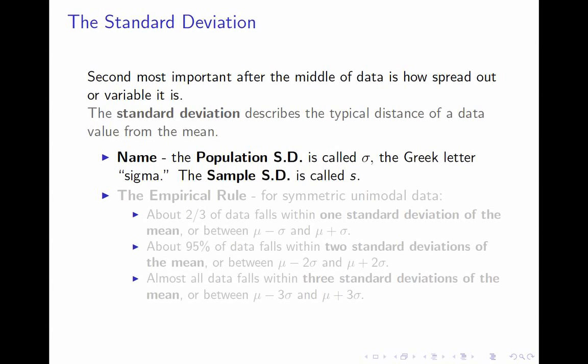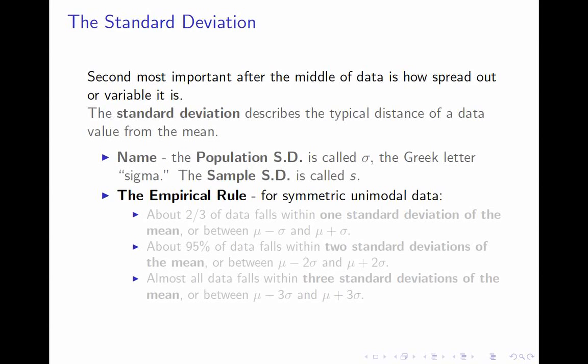I think of it as an O with a baseball cap, an O with a tail at the top. It's the ancestor of our S for standard deviation, but doesn't look very much like it. You might be able to argue it looks like a cursive S, I don't know. The sample standard deviation is denoted by the Roman letter S.